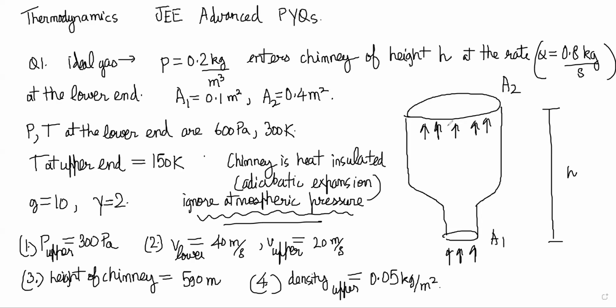Easiest thing to calculate is the pressure at the upper end, because they have told you that it is adiabatic expansion, and they have given you pressure and temperature at the lower part and temperature at the upper part.